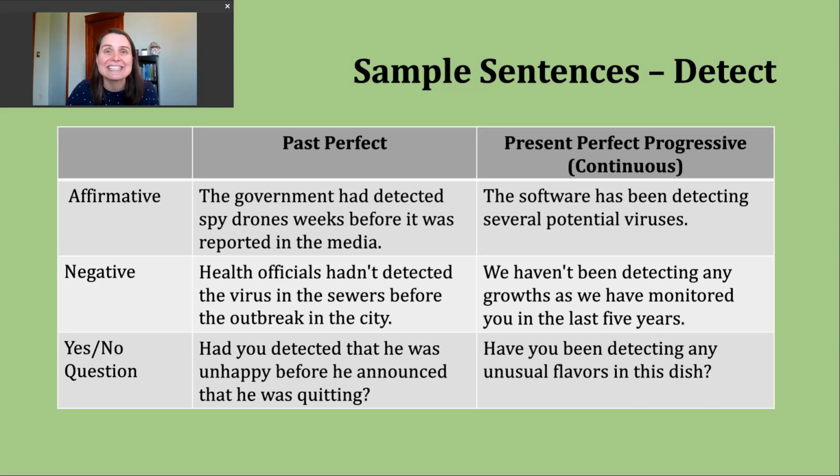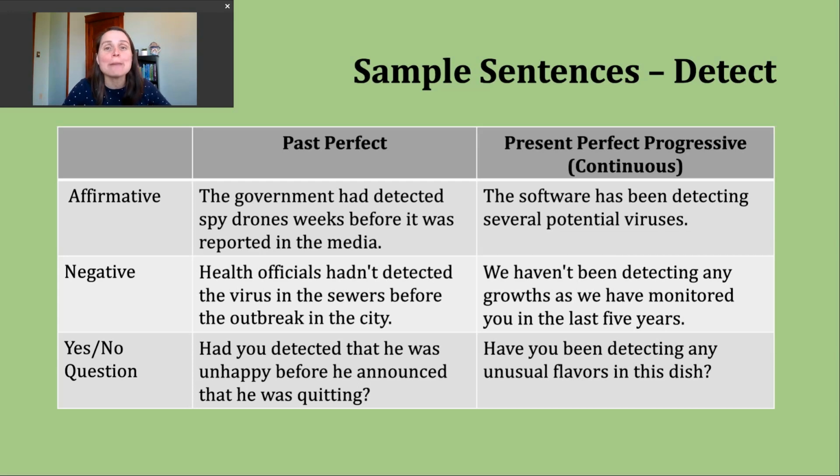This was done during the pandemic a lot to notice if there were high levels of COVID, for example. So here, though, we're noticing that whatever virus is being discussed here had not been perceived. People were not aware of it prior to this outbreak.